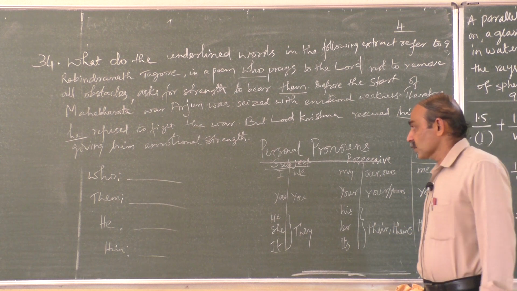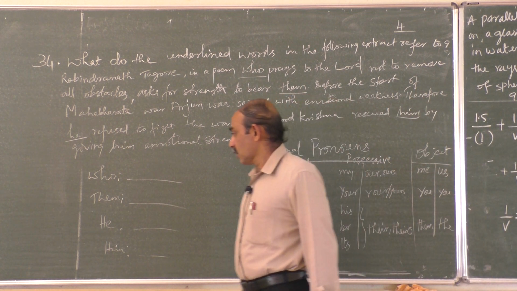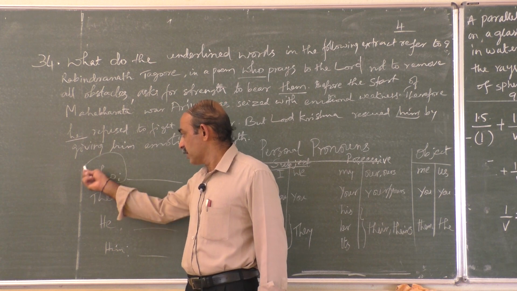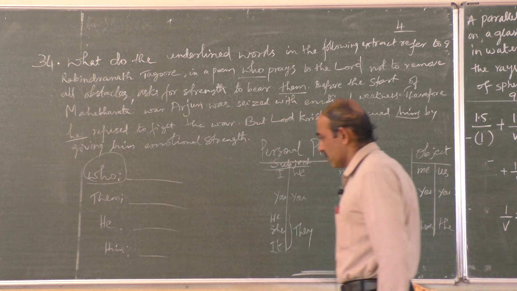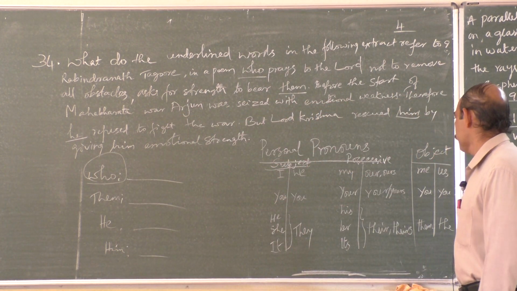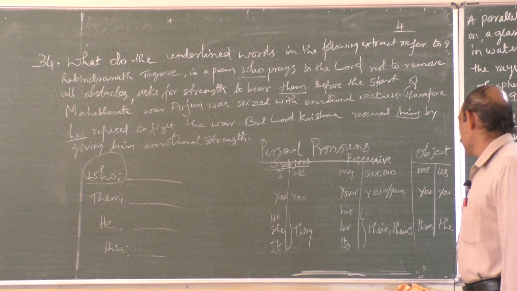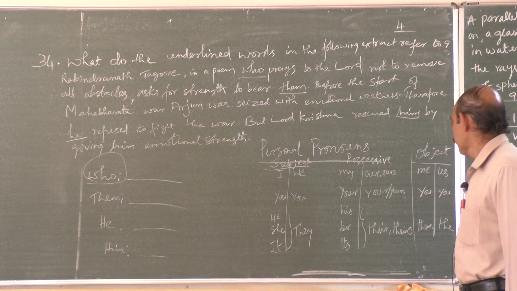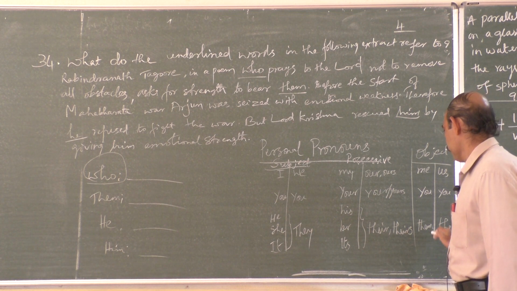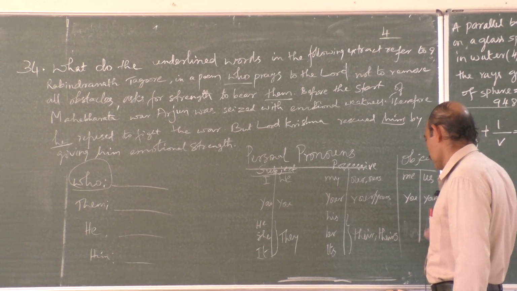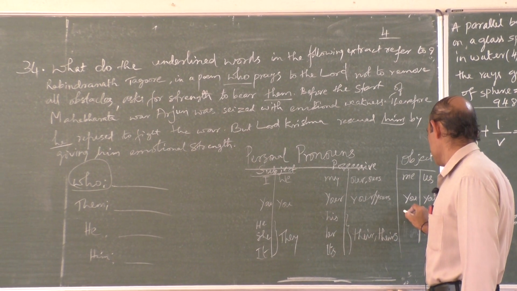And now you may ask the question, sir, this hasn't been given there. Who? Them is available, he is available, him is available. And where is it? Yes, here once again. Theirs, his, him, sorry.